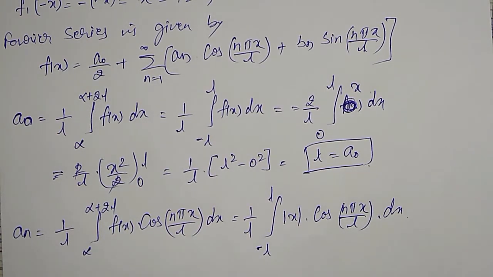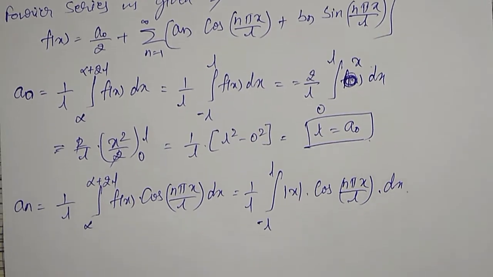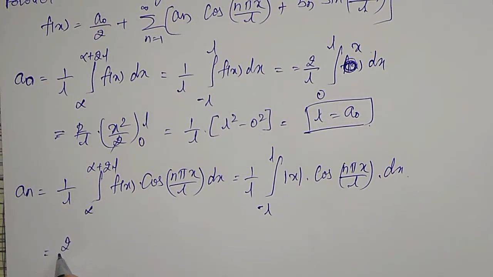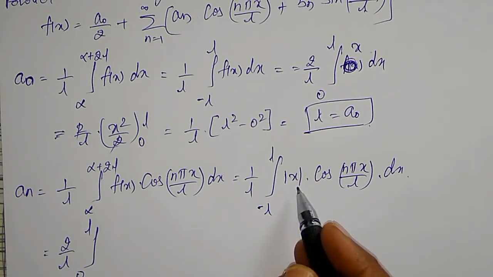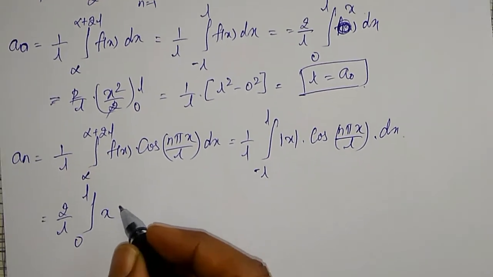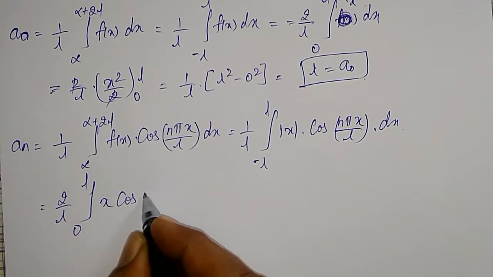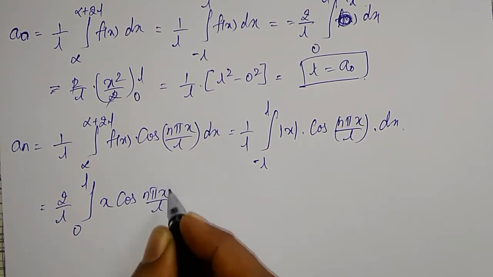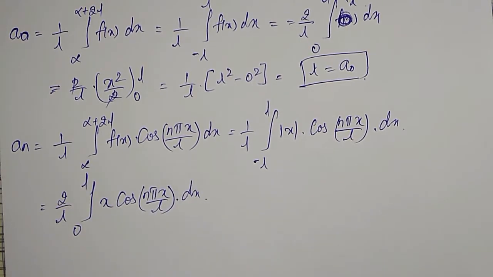Now f of x is an even function, cos is also an even function, even into even becomes even. Therefore I can write it as 2 by L integration from 0 to L. For 0 to L, mod x is defined to be plus x, into cos n pi x by L into dx.